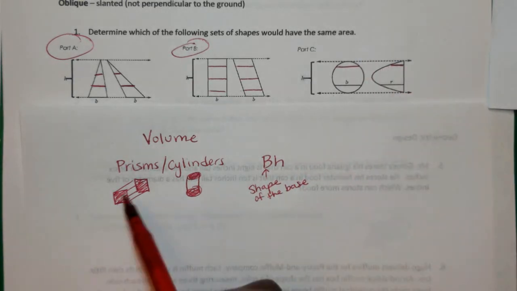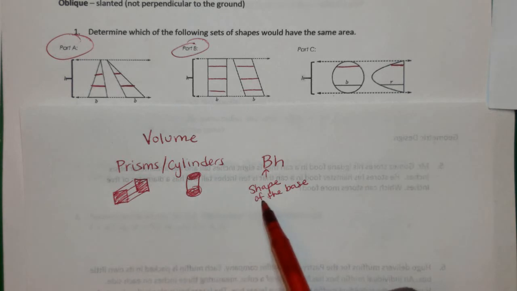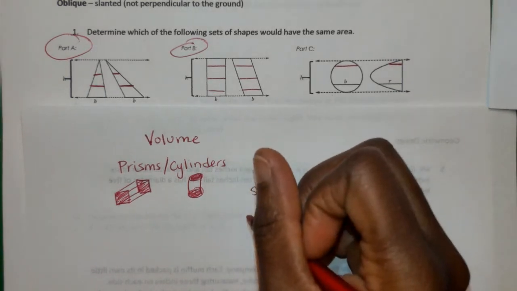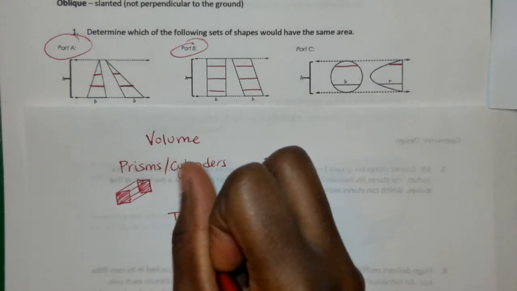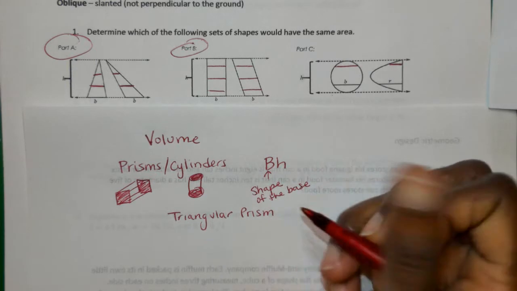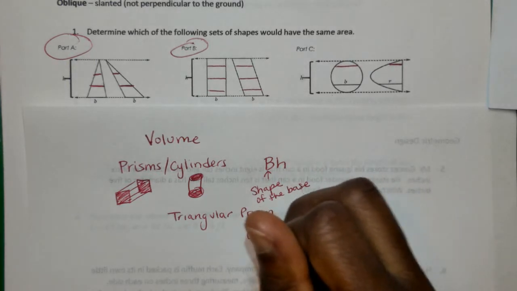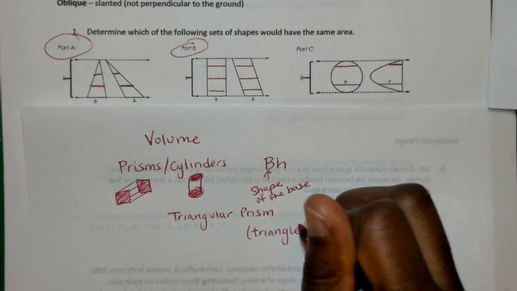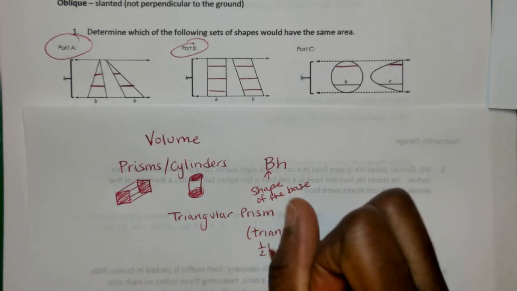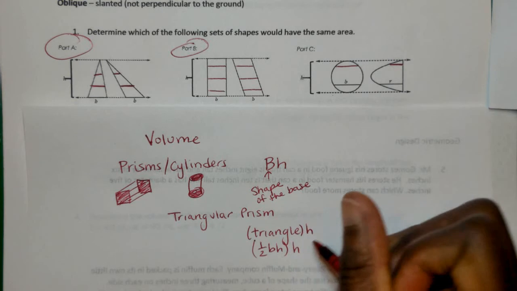Okay, so if the base shape is a rectangle, then you would do a rectangle area here times the height. So remember, some examples: if it's a triangular prism, then my area would be the area of a triangle for the capital B times the height of the prism. So I'd be putting in the area of the triangle, 1/2 BH, times the height of the prism.